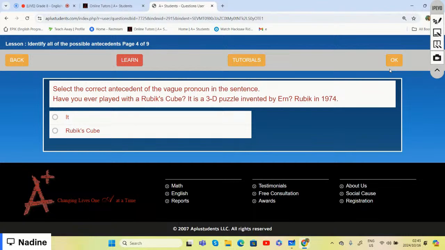All right, and if we were to select the correct option, then yes, we will choose Rubik's Cube, which is our correct antecedent, the focus within our sentence.